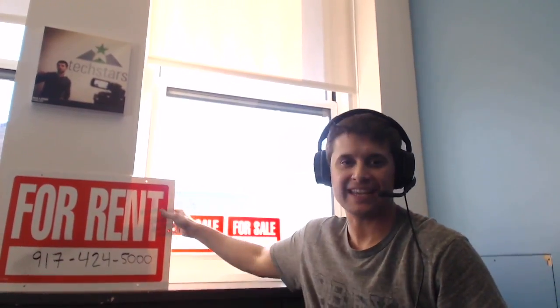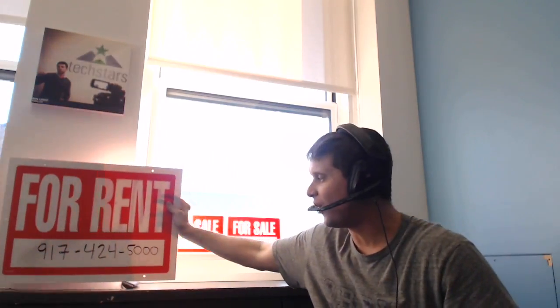Now that we have our unique local phone numbers, we're going to replace the numbers that we typically had on our for rent and for sale signs. Right now, these all have the same phone number on them, and this is the trap that a lot of businesses fall into. They put the same phone number on a lot of their signs.